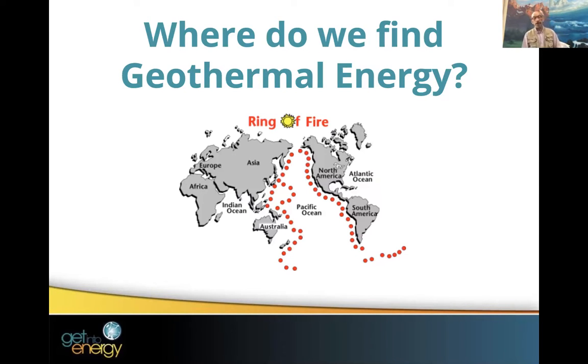Well, there's a ring that deals with our oceanic plates, and that ring is what we call the ring of fire. And the mid-ocean ridges that exist in the Pacific Ocean and the Atlantic Ocean, there are openings that expose the mantle to the surface or underneath our oceans.